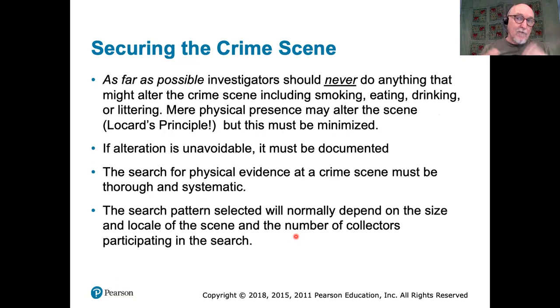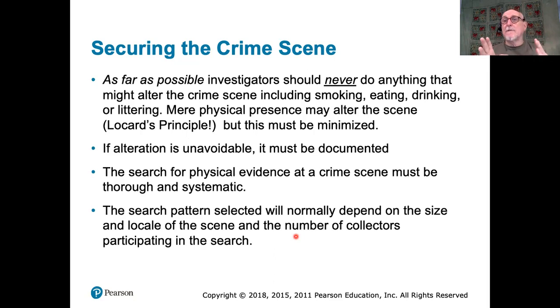People need to be really careful not to inadvertently drop a Kleenex that they've just blown their nose into or something like that. And you need to accept that movement in and out of the personnel is going to change the crime scene. But it needs to be kept to a minimum, and a record needs to be kept as far as possible so that we know what the origin of the change is.